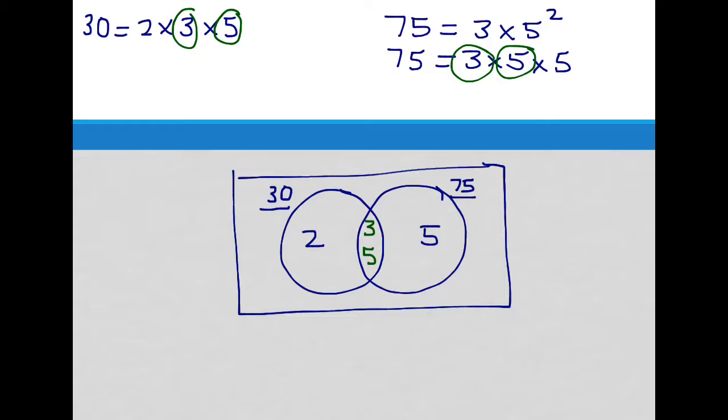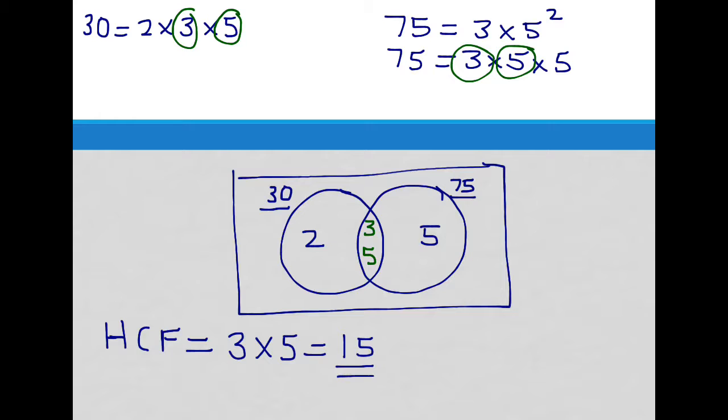And my highest common factor is equal to 3 multiplied by 5, which is where my circles overlap. So this is where they intersect, and this equals 15.